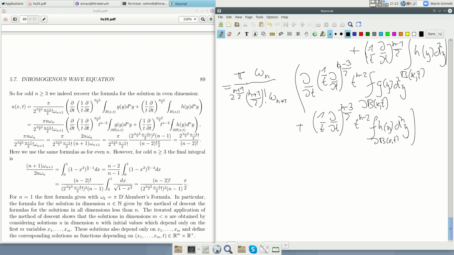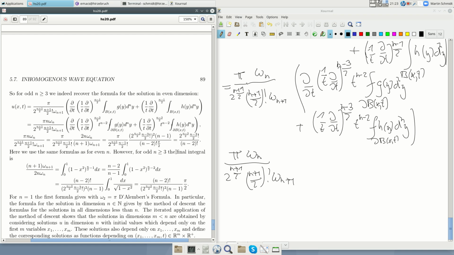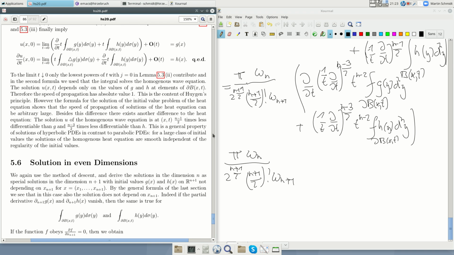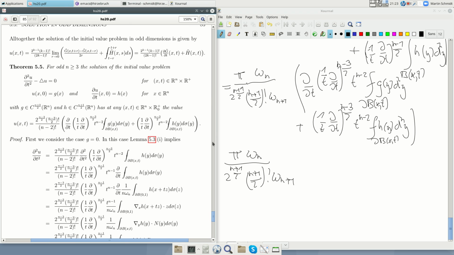So now we are almost done. The only thing which we have to check is that this factor, pi omega n, 2 to the power n plus 1 half, n plus 1 half faculty, omega n plus 1, and this other factor, should be, so that we recover the formula of dimension n, of odd dimension.